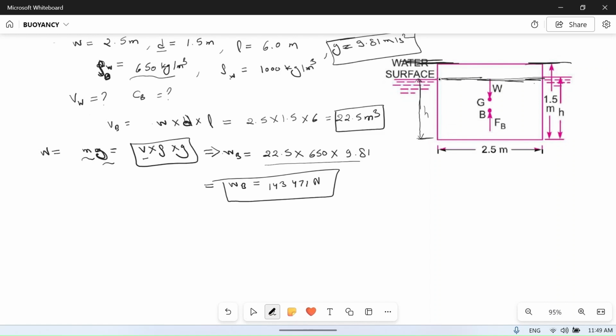This depth is not submerged, which is 1.5 minus h, still outside of the water. So how much water has it displaced? It is only up to here, because only this portion is submerged.